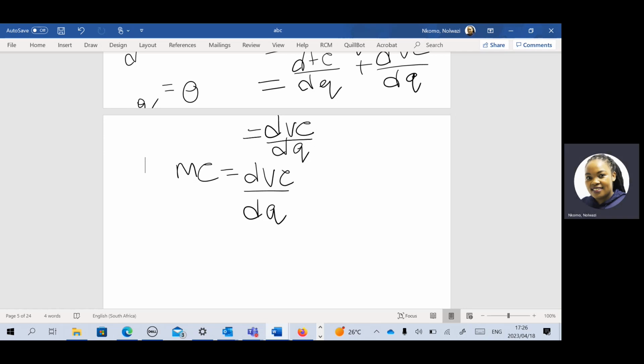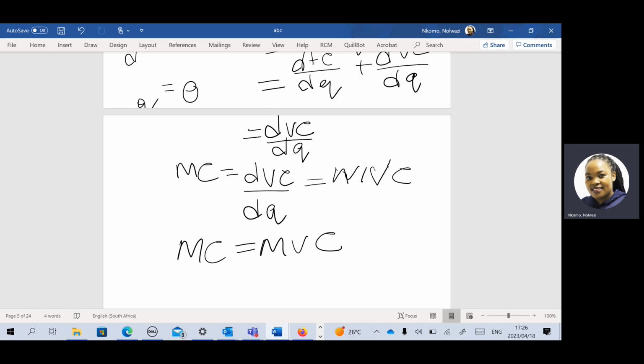So this means marginal cost equals marginal variable cost.